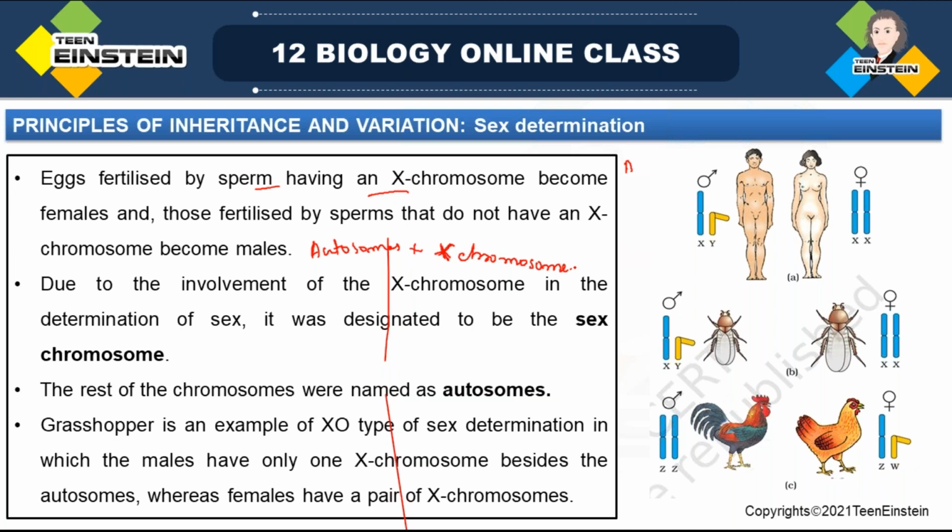In insects also, egg plus sperm forms a zygote, as in human beings.